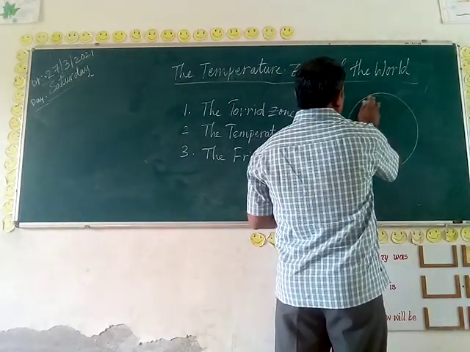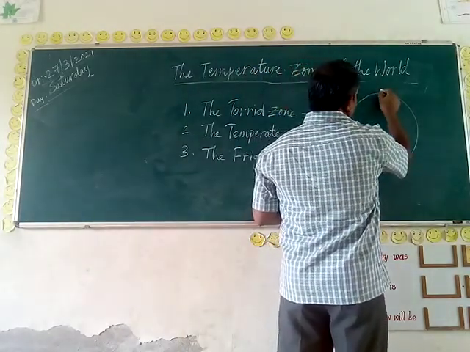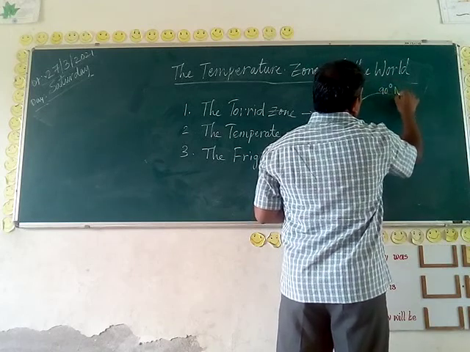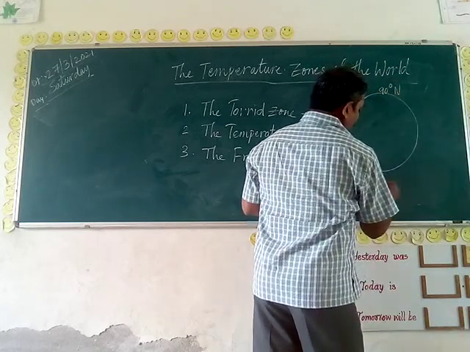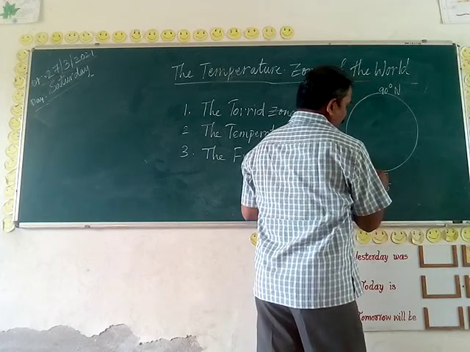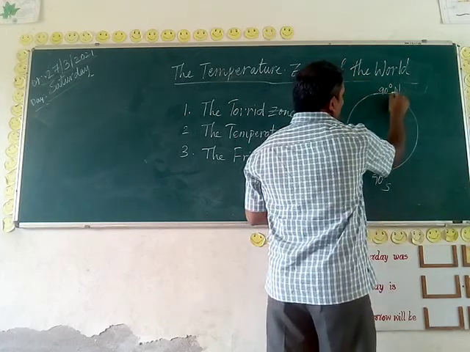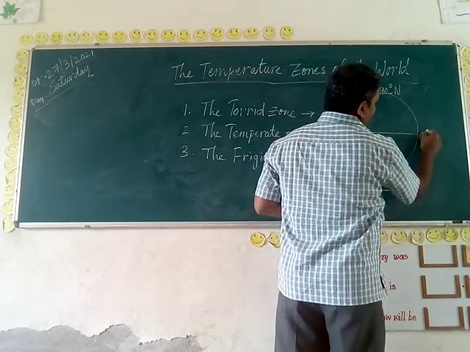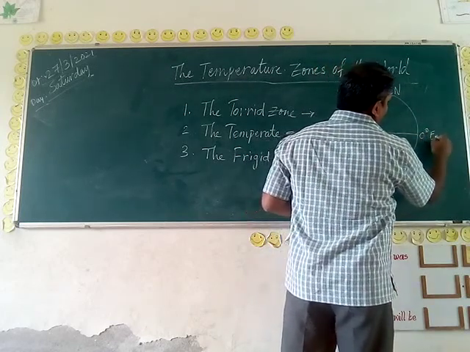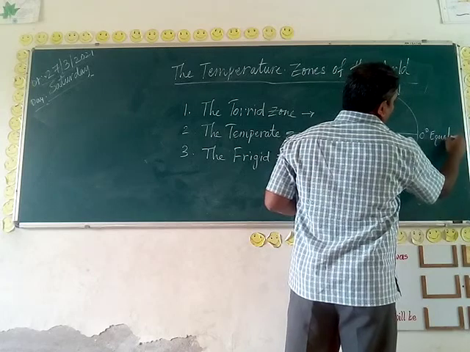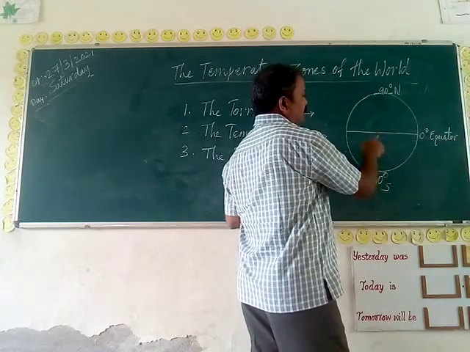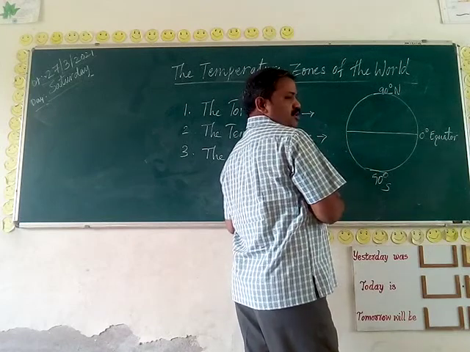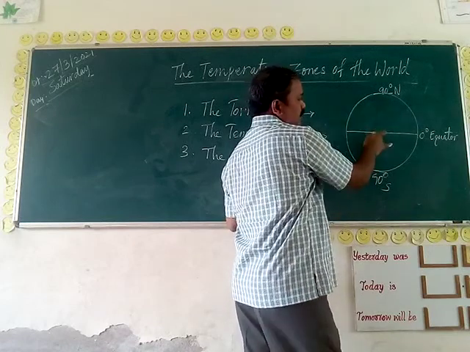So, 90 degrees north is the north pole, 90 degrees south is the south pole, and 0 degrees latitude is the equator. The equator makes the Earth into two equal hemispheres, northern and southern.